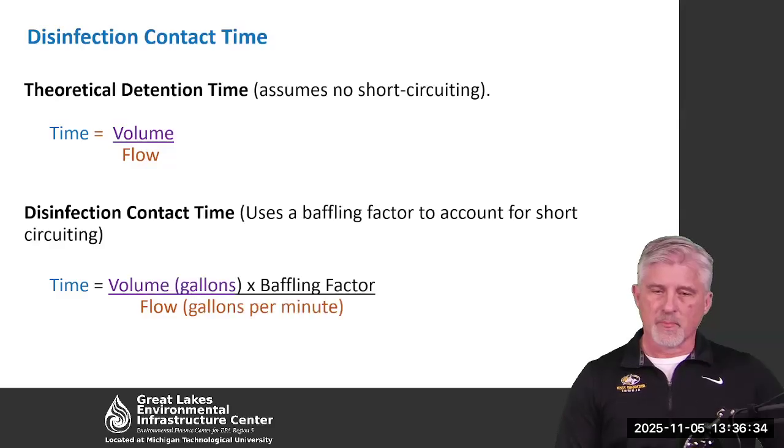So we put in a baffling factor. If we've got good baffling, and I'll show a slide that helps with that on the next slide, that's going to give us more time. So in this case, the time is equal to the volume in gallons multiplied by the baffling factor and divided by the flow in gallons per minute.